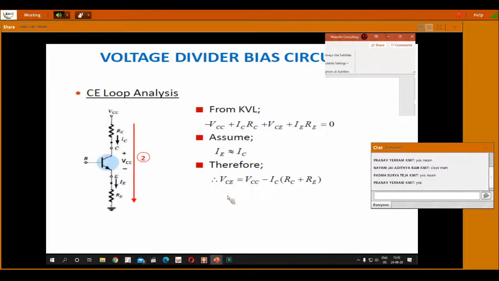In the next class, we're going to learn about the advantages as well as the disadvantages of the remaining biasing techniques. Next, we're going to learn about the stability and temperature dependence parameters of BJT. The next session we are going to do that.